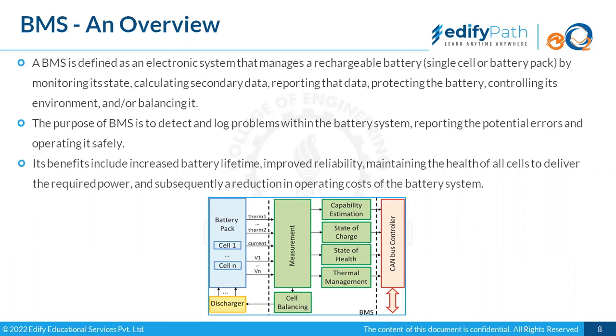Typically, when you are using an electric vehicle, after some time you see that the mileage has started dropping significantly. Something which was giving you an average run of 100 kilometers is now giving only 60 kilometers. This should not happen, because the battery has only been used for 100 or 200 cycles of its life.